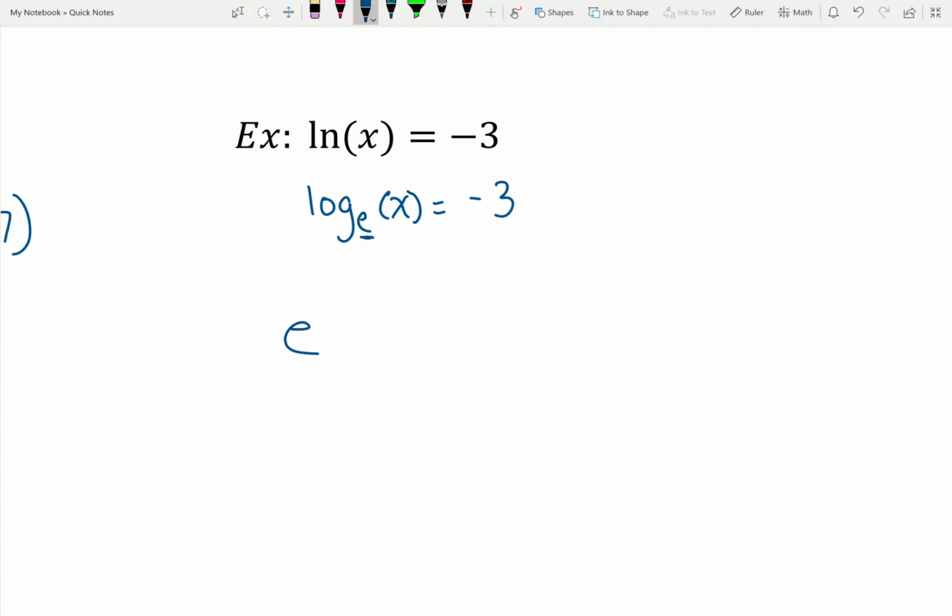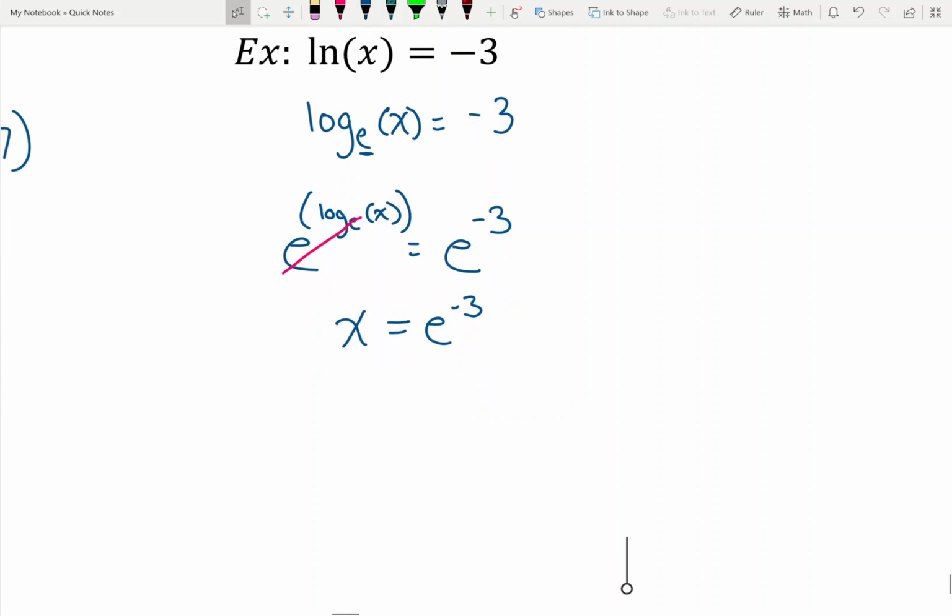So I have e raised to the log equaling whatever I do to the left side, I got to do to the right side. e raised to the minus 3. Now these guys will cancel out, so I'm just left with x, right, using the inverse property. And now on the right-hand side, I'll have e to the minus 3.